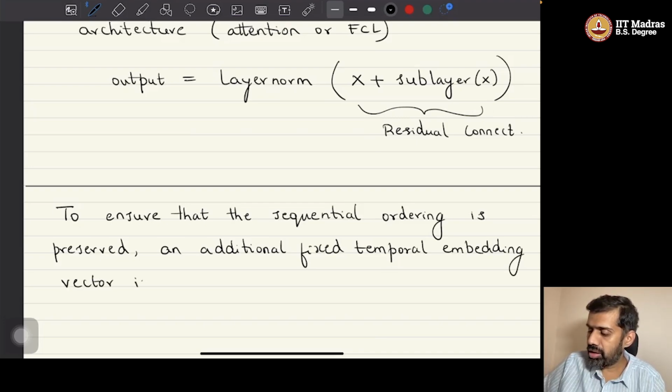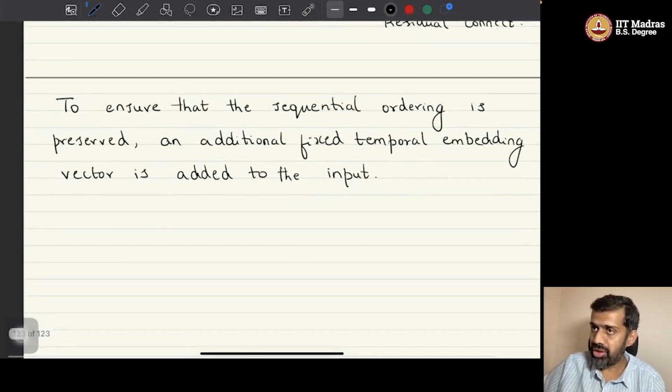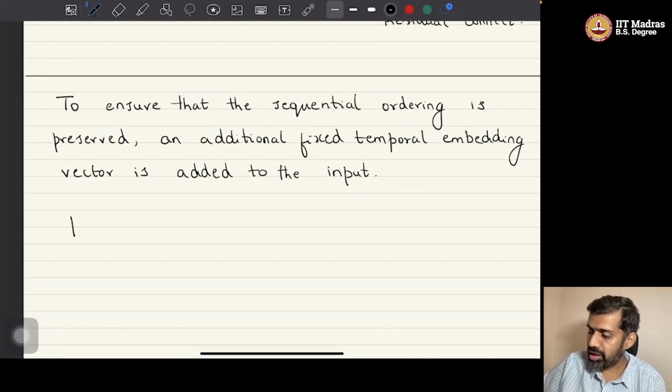This is also known as the positional embedding or positional encoding, as it is called.